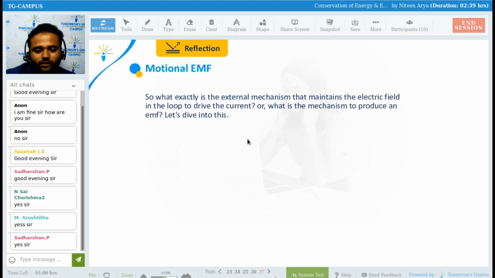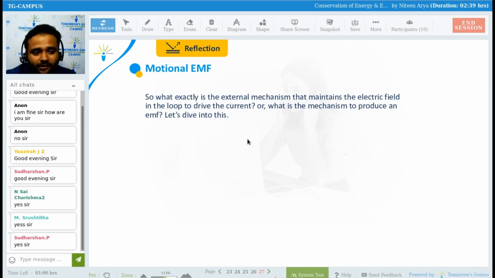Okay, good. Now this is motional EMF. We already did this, so I'm going to quickly recap it for you. Whatever the important formulation is, we're going to spend time on that. And then there is something not given here, but I feel it is important for you.